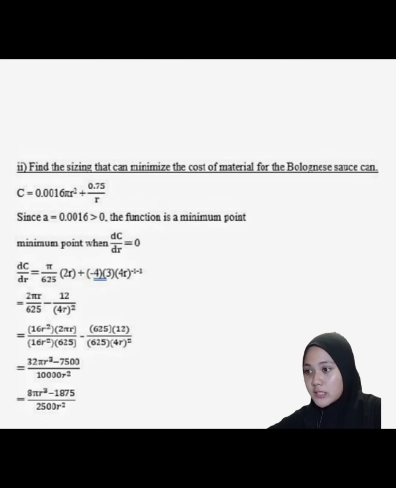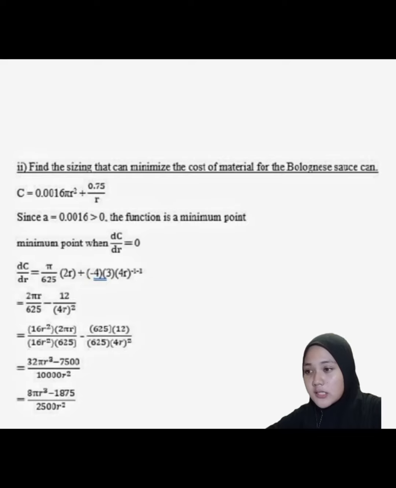The second question is, find the sizing that can minimize the cost of material for bolognese sauce can. See the equation. C equal to 0.0016πr² plus 0.75 divide r.